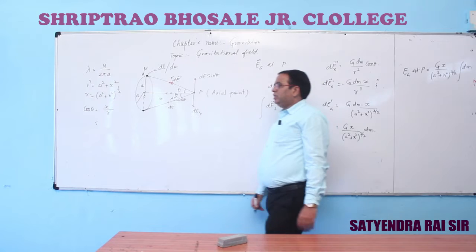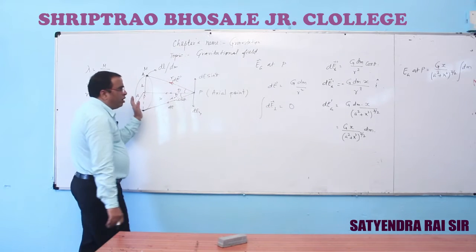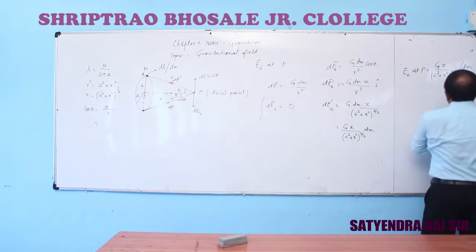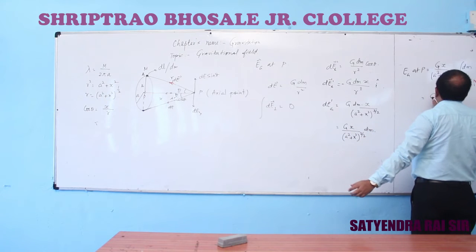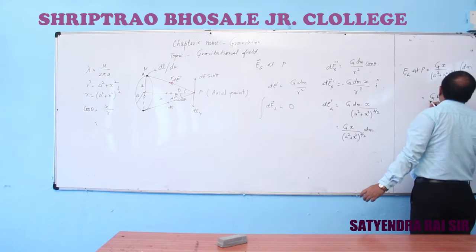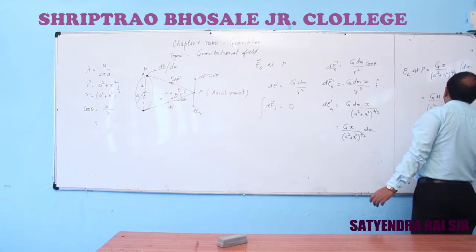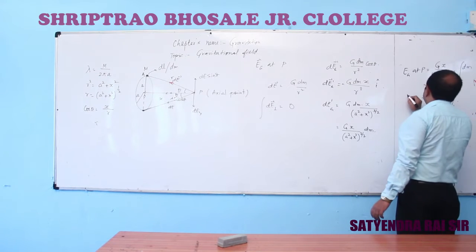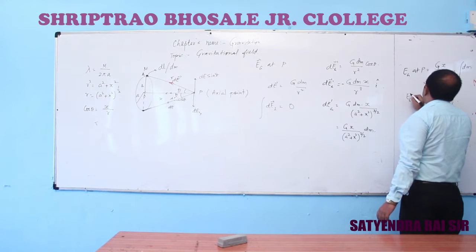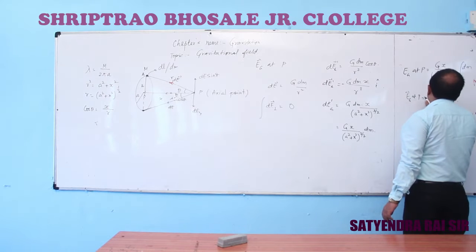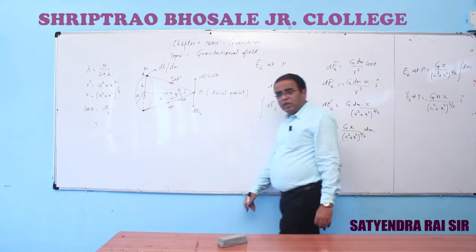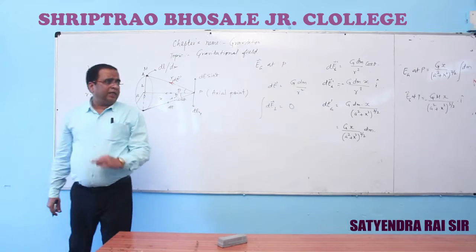Since this ring is made up of uniform elements, the integration of the mass of the element will become M. So it will be G M x upon (a square plus x square) to the power 3 by 2. This is the expression for E_G at P, and this will be along minus i cap.